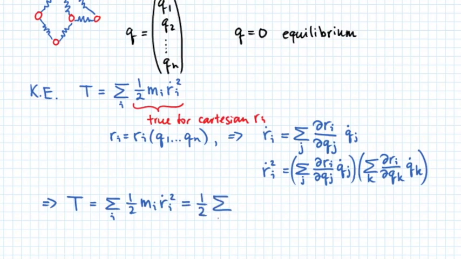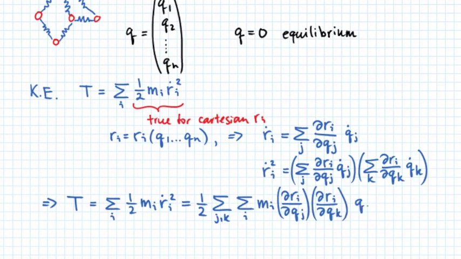a double sum with respect to j and k, and another sum with respect to index i, of m sub i, partial derivative of r sub i with respect to q sub j, times partial derivative of r sub i with respect to q sub k, times q sub j dot and q sub k dot. Note that this coefficient here we can call a sub jk.